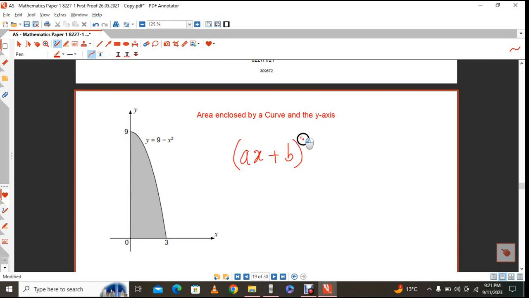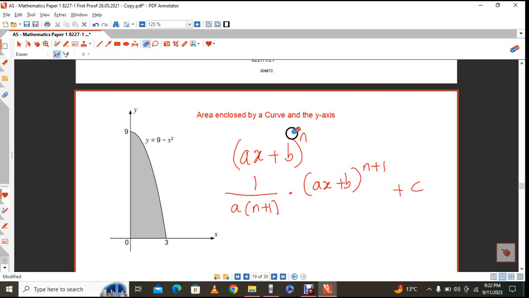If you have some function that is raised to this power, of course you have to know how to use the chain rule, but in any case you're going to take 1 over a, then add n plus 1, then multiply it by (ax plus b) to the power n plus 1. Of course it's plus c, but since I'm integrating to find the area, there is no need to put a plus c, so I'm just going to remove that.